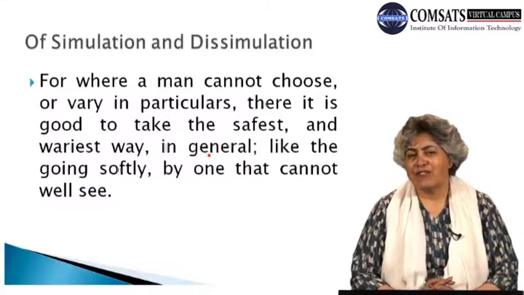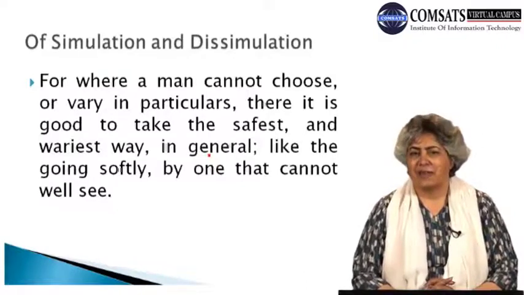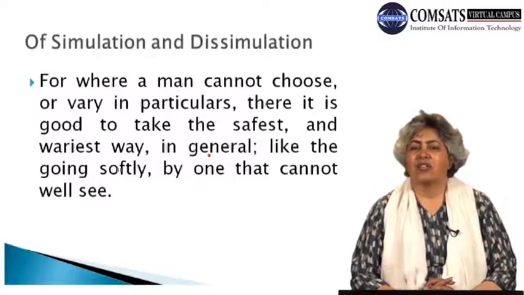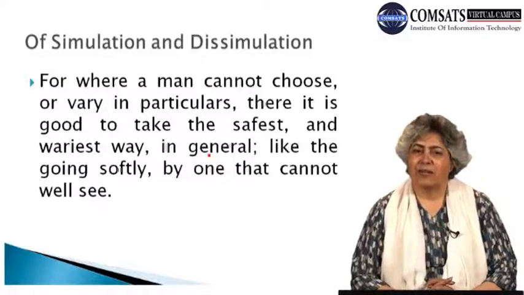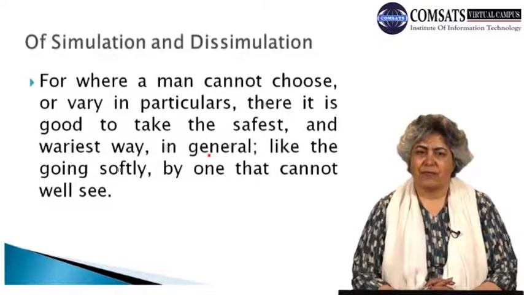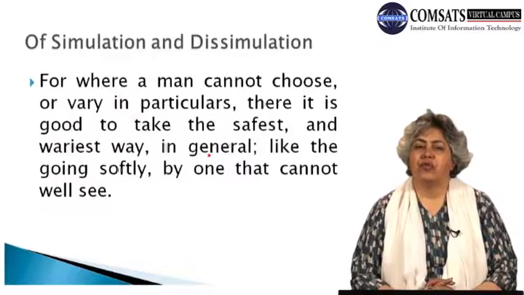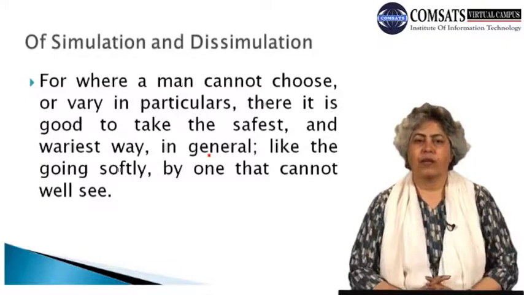Now he brings in a very, very strong image, the image of a blind man. Now that's something that is difficult to imagine, particularly by those who are sighted, by those who do not have eye problems.